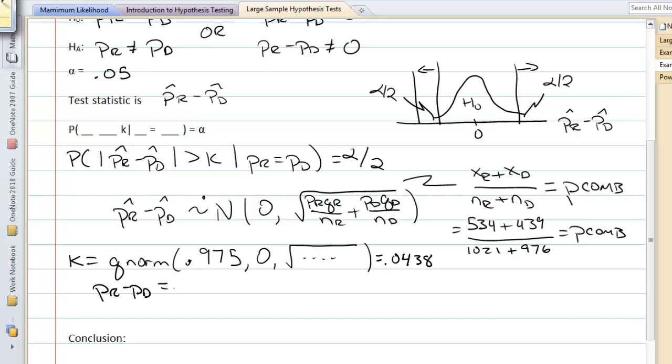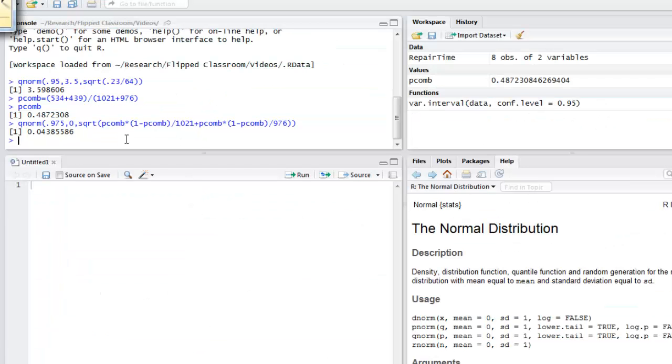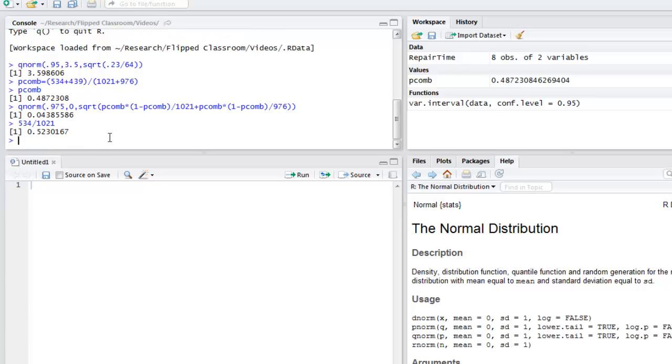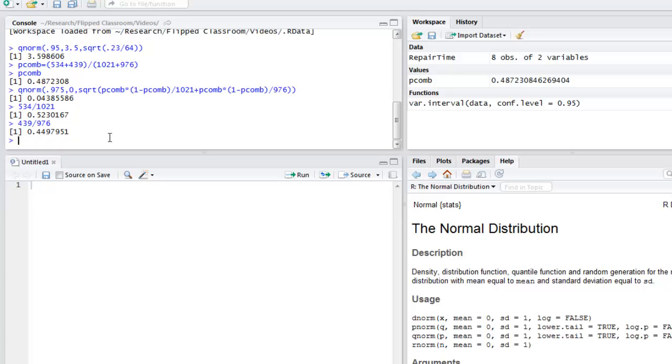I'll go back into R and calculate that. So for the Republicans, that's going to be 534 divided by 1021, 52%. And for the Democrats, I have 439 divided by 976, 44%.